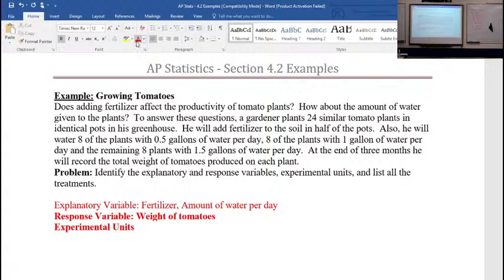So in other words, what are we assigning to the groups? Experimental units are the tomato plants. So there's 24 of them.